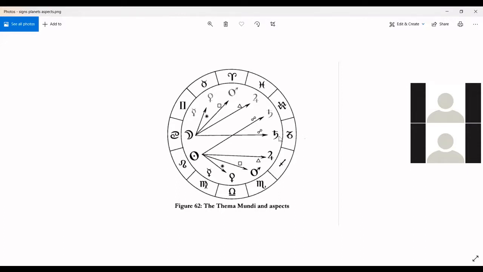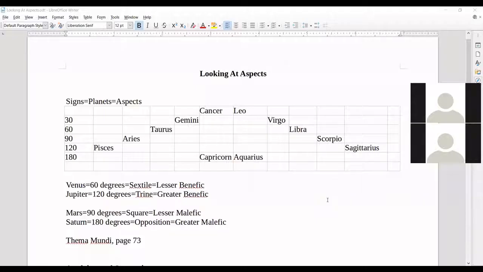And then when we come to the 180-degree aspect, we come to a greater malefic aspect. So the four main Ptolemaic aspects are essentially connected to the planets themselves and the natures of the planets themselves. All right, so that's the important thing to be thinking about.